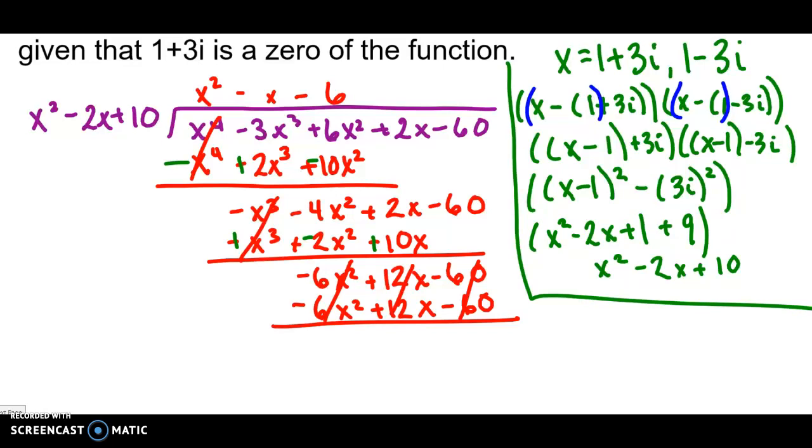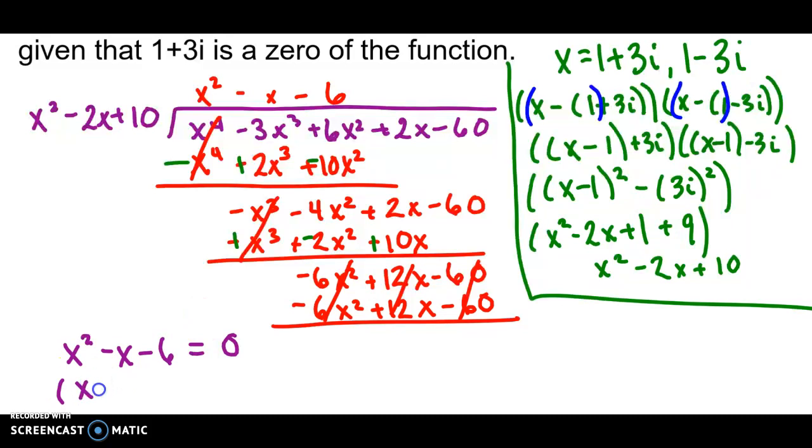Hopefully you went through long division and got a zero remainder, which makes sense because I just divided by two of my zeros. Now I have x squared minus x minus 6. If I set that equal to 0, I should be able to find my remaining two zeros.